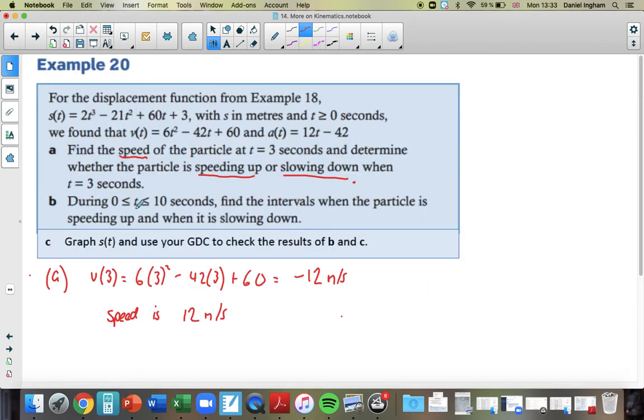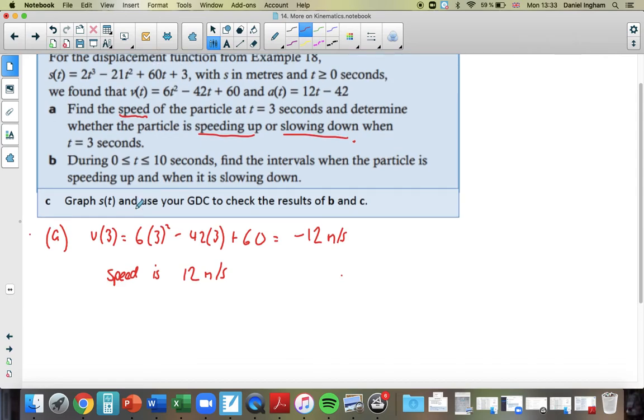So what we need to do for A is think about the velocity. From last time we solved this equation, and the velocity had two roots, at 2 and 5, so the velocity was 0 at 2 and 5.